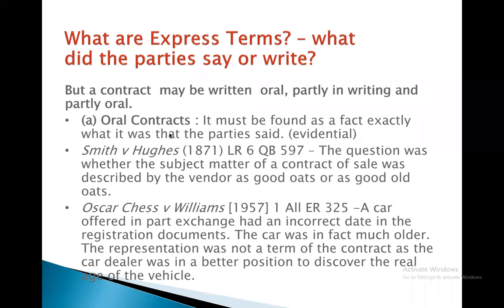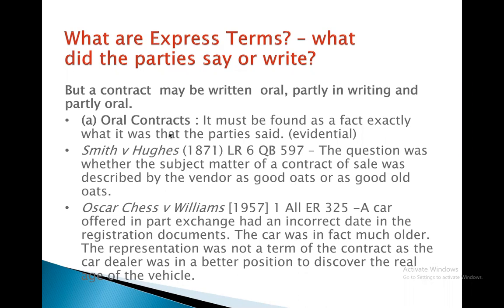So let's take oral contracts. Where the contract is oral, in other words, it has not been reduced into writing, how do we determine the terms of the contract? How do we determine express terms?